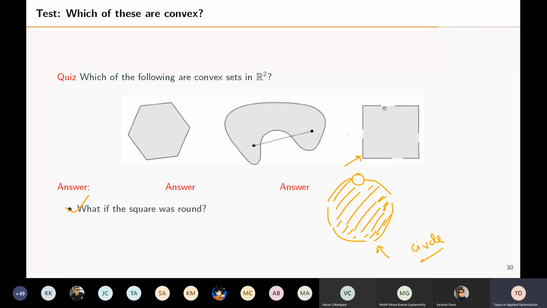Okay, so I took two points. And if I join it, then the line joining the two points is not part of the square, right? Because that part is removed. But convex set says that the whole line should be inside the set. So in this case, it's not, because that part of the boundary line itself is missing. That's why it's not convex. I hope it's clear.